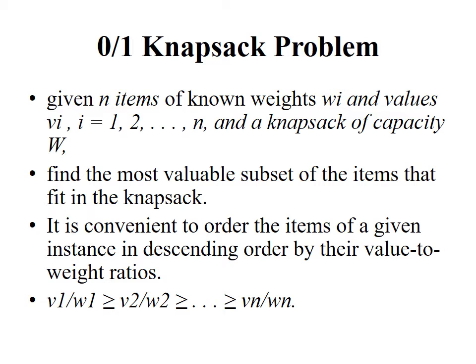In the branch and bound method, we have to order the items in descending order based on the value by weight ratio.